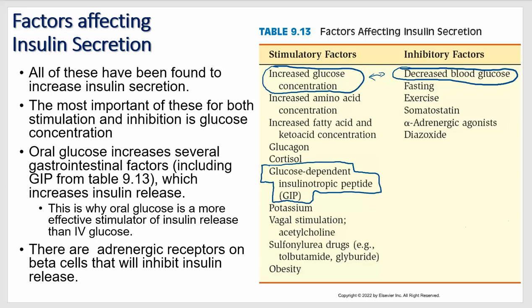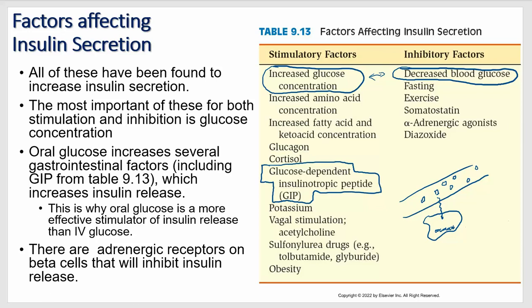So if you have a fight or flight situation, think about this. You have two choices. You can either have glucose in the blood, ready in case your muscles need it, probably muscles if it's fight or flight, or do you want that glucose to be taken up into cells and stored?